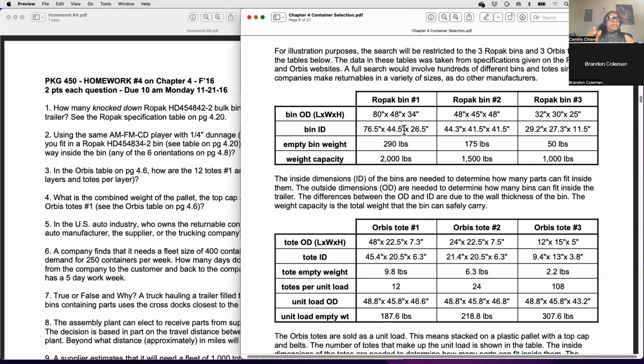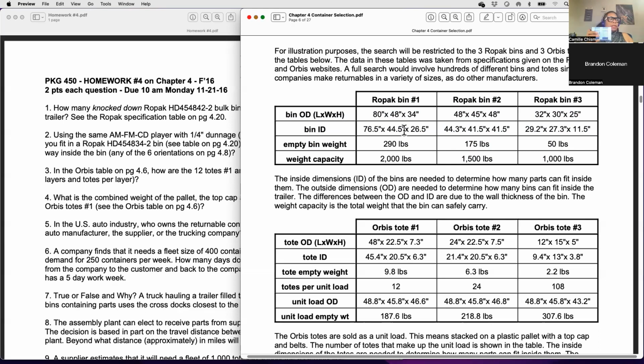The one that is that 80-inch outside dimension is basically going to be almost the size of two of these bins. So I think next time I teach this class, I'm probably going to take a picture of myself standing next to some of these roll packs so you can see how big they really are.